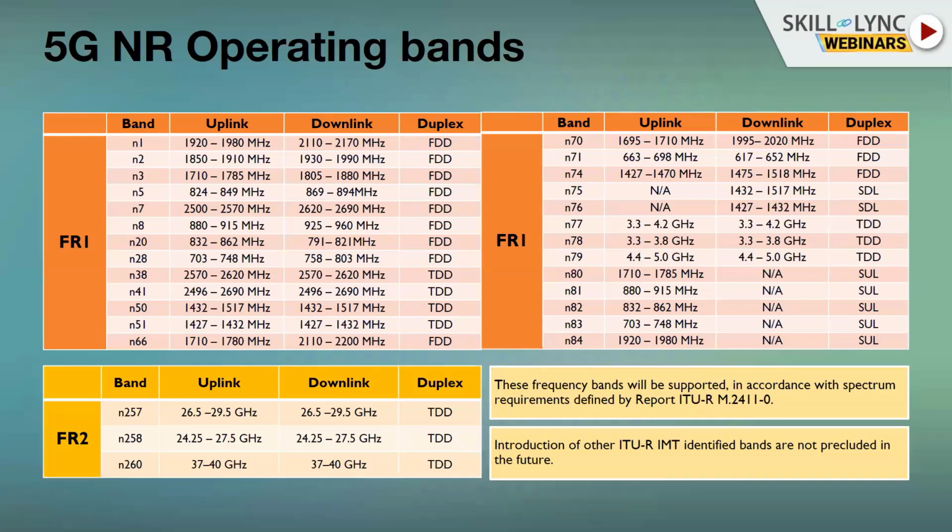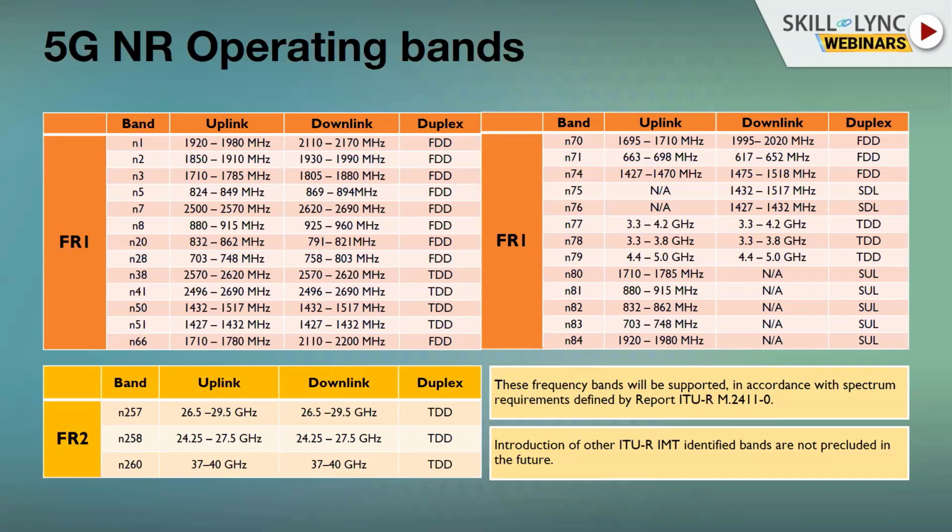Remember, an operating band is the frequency range in which NR operates, paired or unpaired. What we mean by paired or unpaired is FDD or TDD. That is defined in a specific set of technical requirements. The specified frequency bands of 5G NR as per 3GPP release 15 are listed in this table.